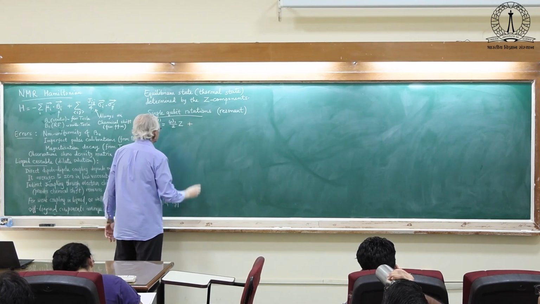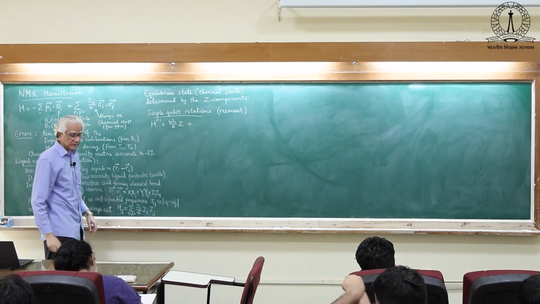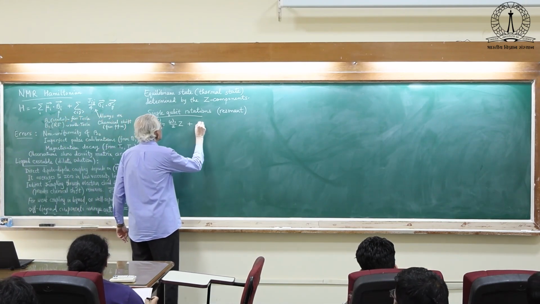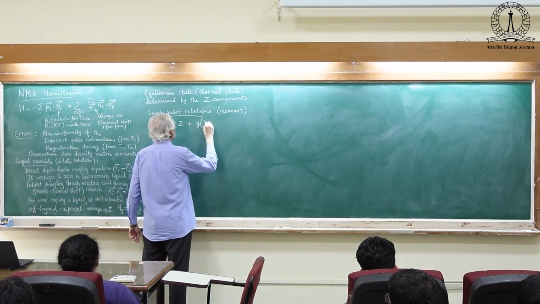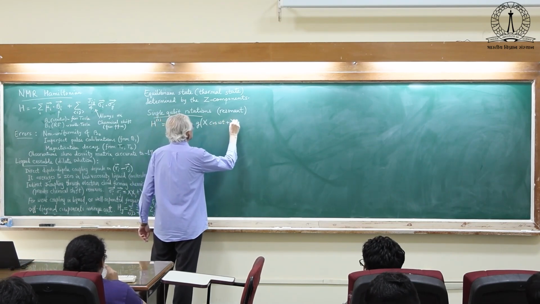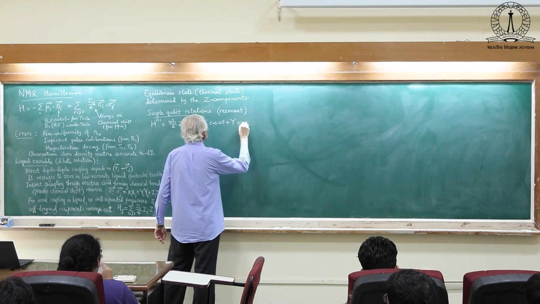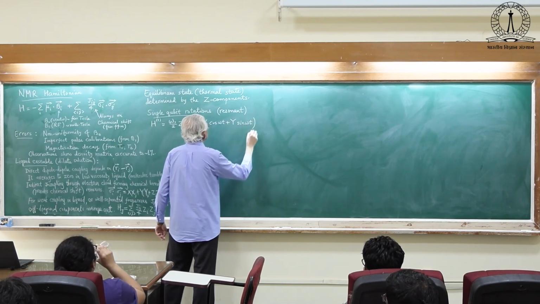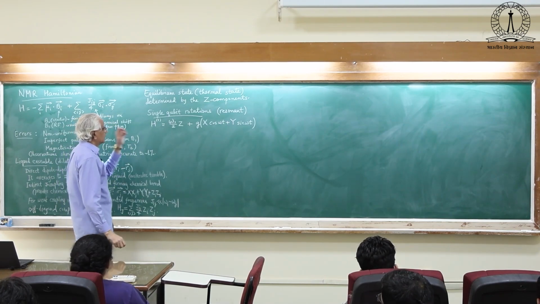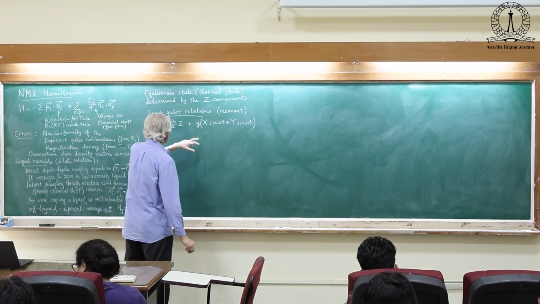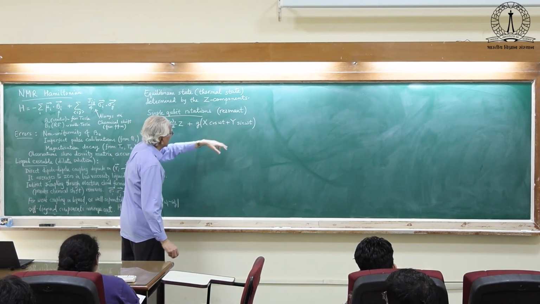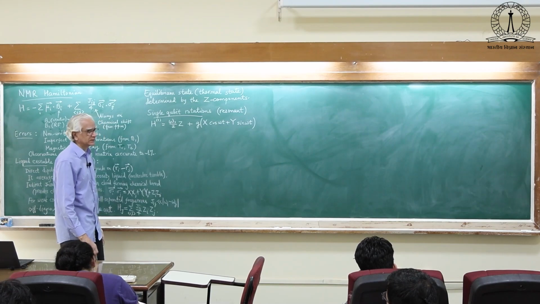And then there is a component coming from this radio frequency field, which I can write in the most general form as the magnetic field, which is given by this direction, x and y, and the corresponding phases.